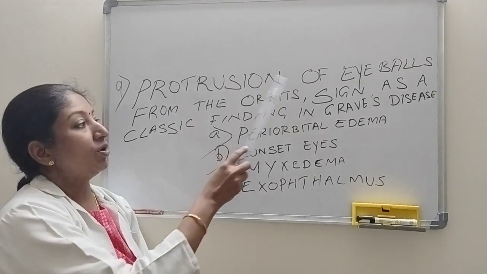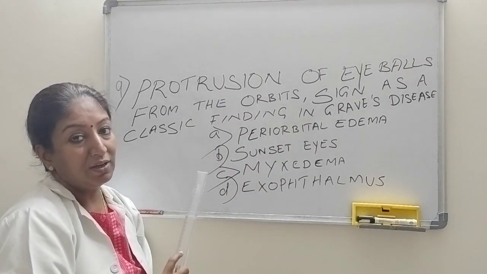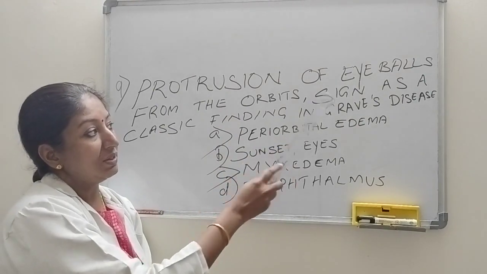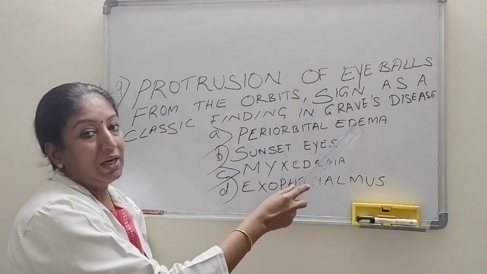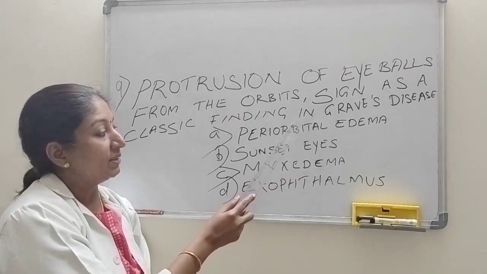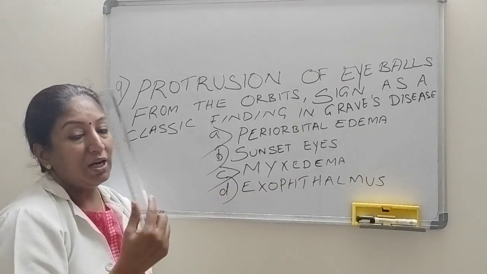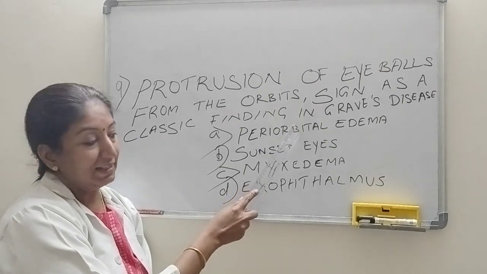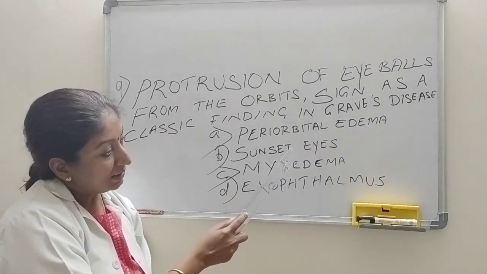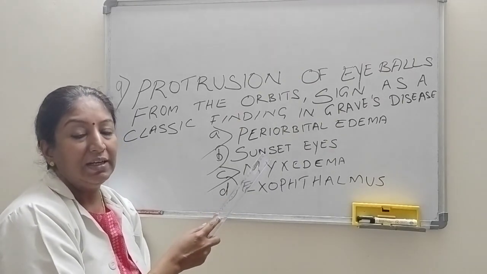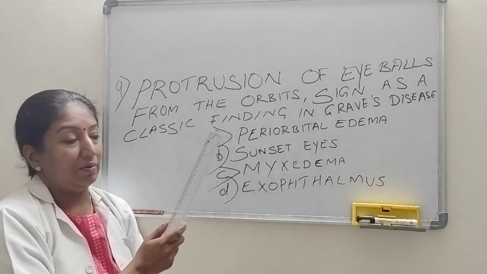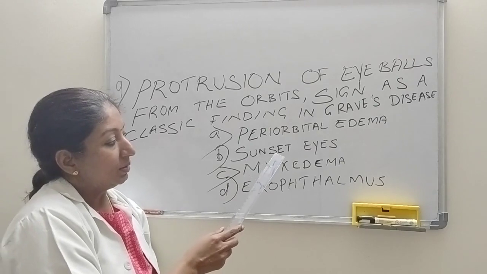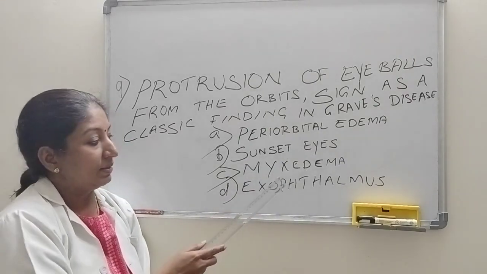Protrusion of eyeballs in Graves' disease is called as what? So first one is periorbital edema. Periorbital edema is nothing but swelling or puffiness around the eyes. Sunset eyes, this is commonly occurring in infants and children with increased intracranial pressure. So this mostly we can see in hydrocephalus.